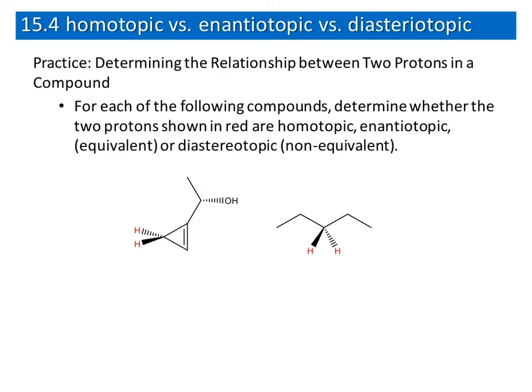Now let's look at these two examples and decide what the relationship is between these two protons and these two protons. Let's focus on the first one. We can do the deuterium replacement test. By doing that, we are going to generate a chiral center right here. Now there is a pre-existing chiral center in this molecule, therefore these two protons are diastereotopic.